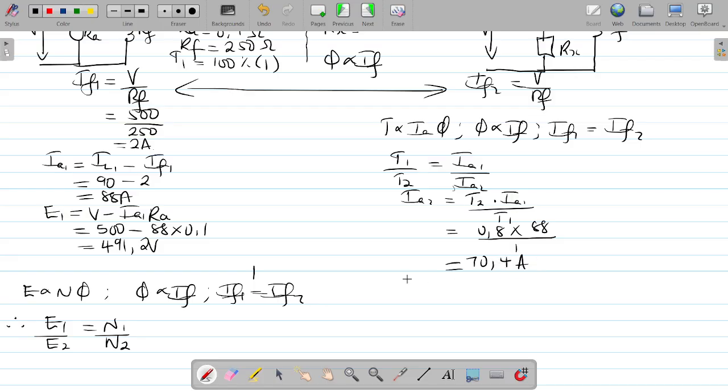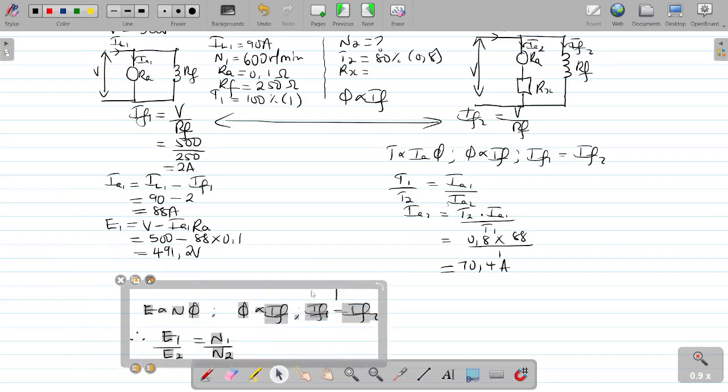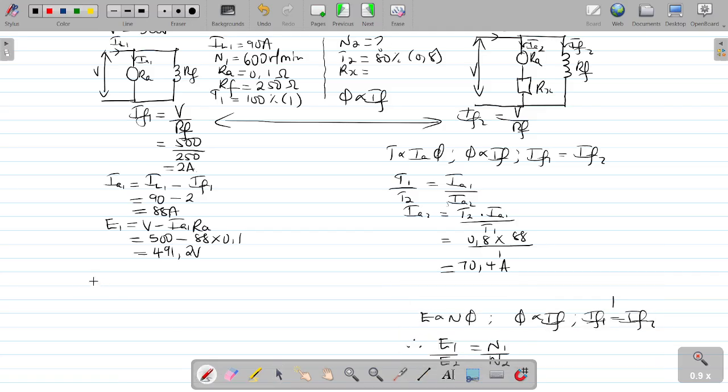We have 70,4 amps. From here, you want to go to the formula for EMF, E2. Before we find it, let's find the total resistance here, the resistance between there and there.